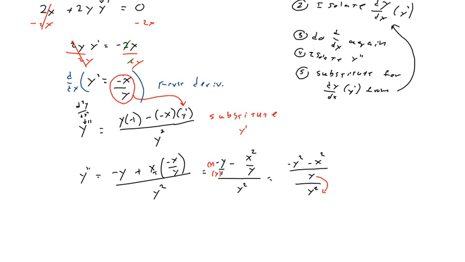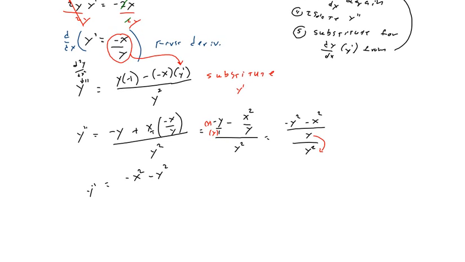So it becomes y double prime is negative, I'm going to rearrange this, x squared minus y squared. Actually, no, let's keep it the same. Hold on. Negative y squared minus x squared over y cubed. That would be our second derivative.